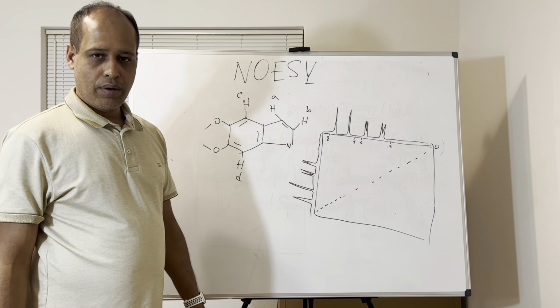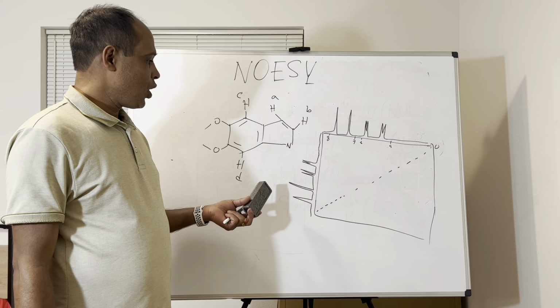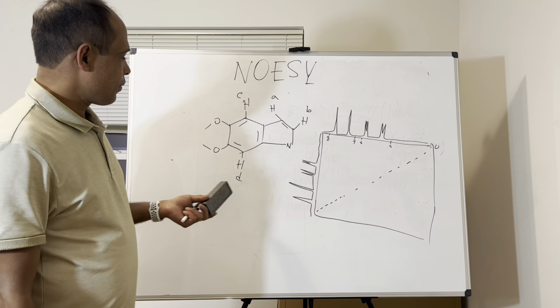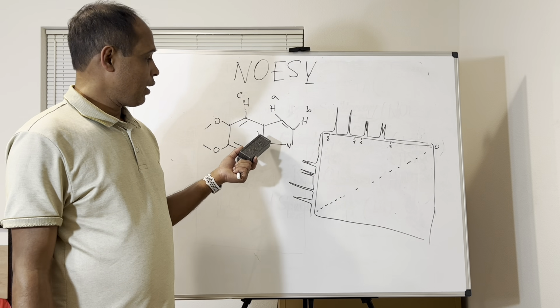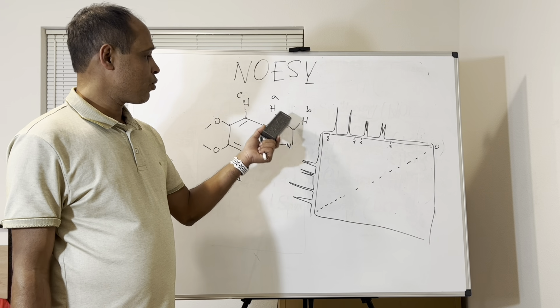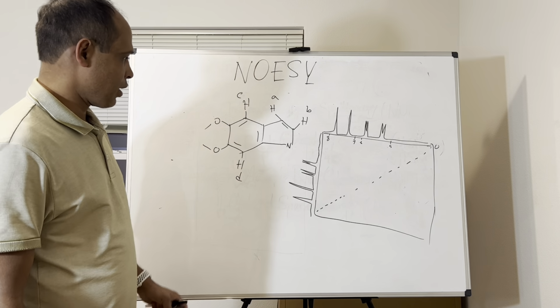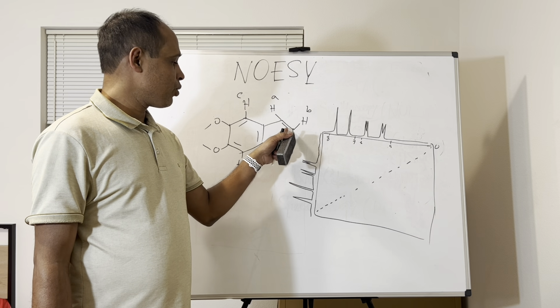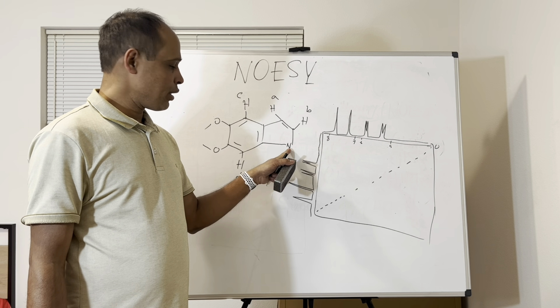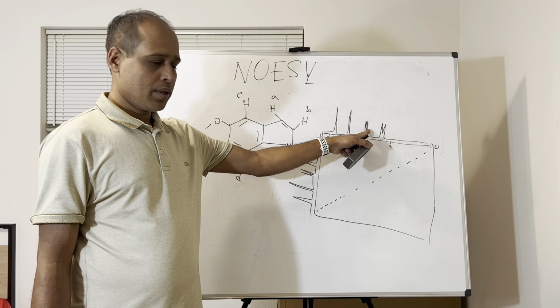Okay? So we can do carbon NMR, proton NMR, and then we can determine whether it is A or B. First of all, you can get an idea. This proton with the double bond and also next to a nitrogen, which is more electronegative, will be a little up, okay?